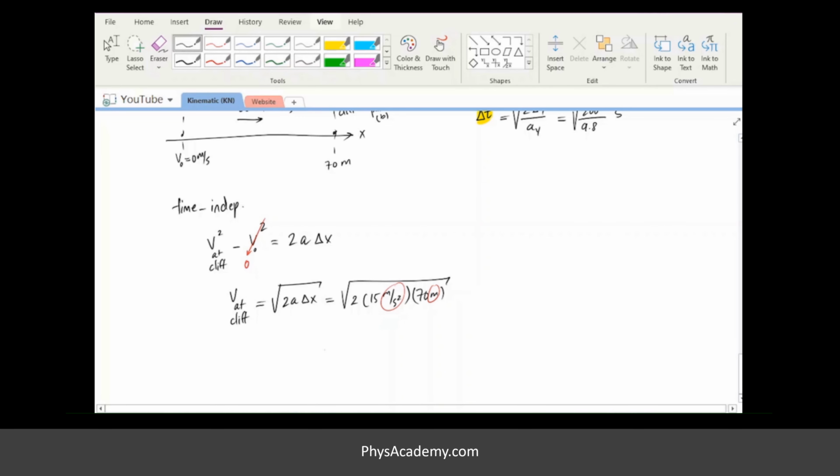First, we write the equation, then cross off the variables that are equal to 0, then plugging in the values we know, we find the velocity of object 1 at the cliff, which is equal to the square root of 2100 meters per second.